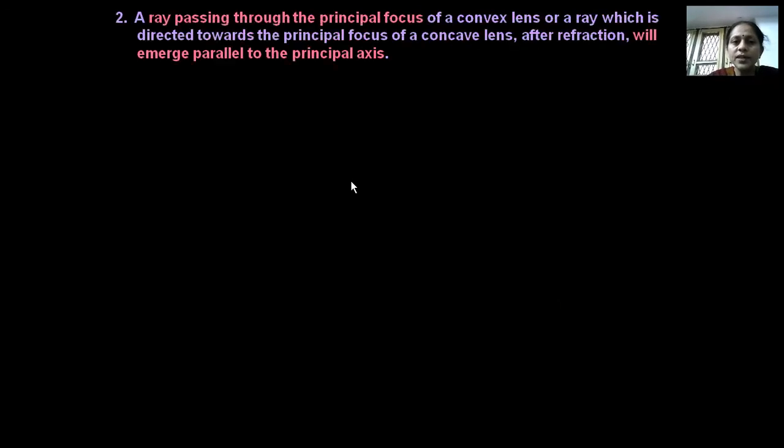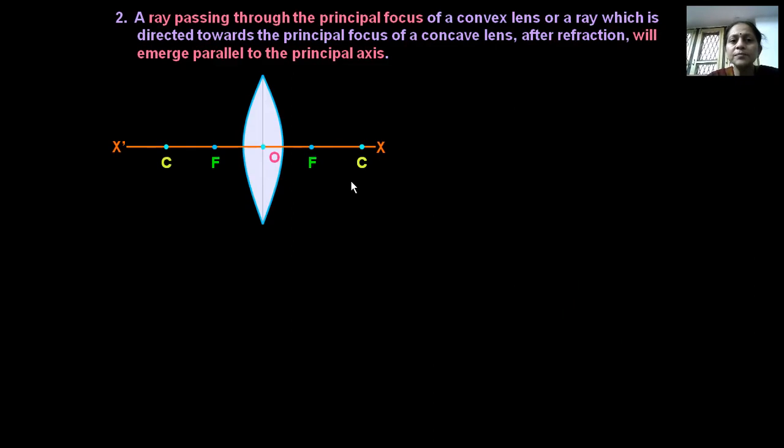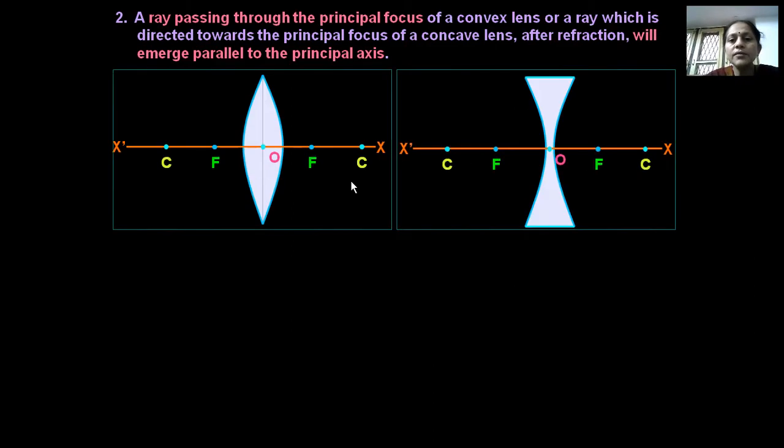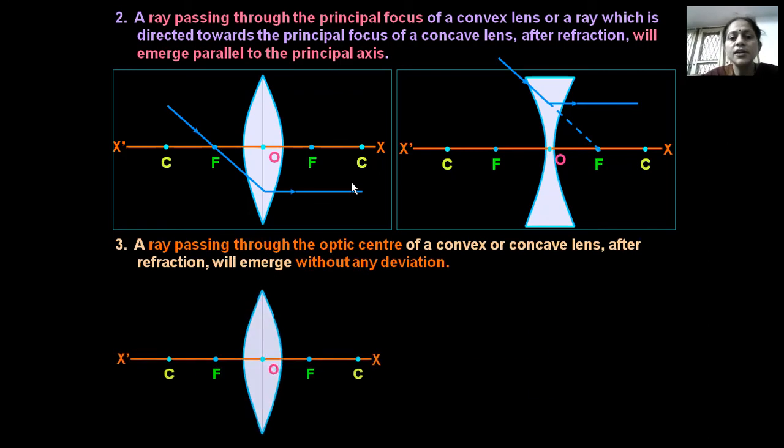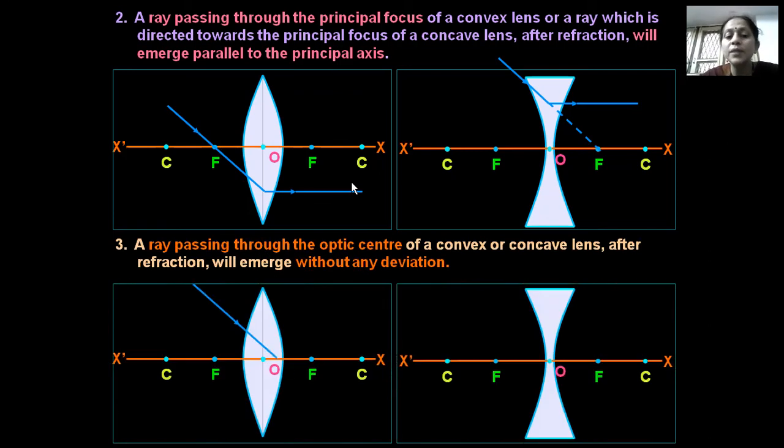Next, second, we will take a ray passing through the focus, because then it will be parallel after refraction. This path also we know. Third, you can take a ray passing through the optical center.